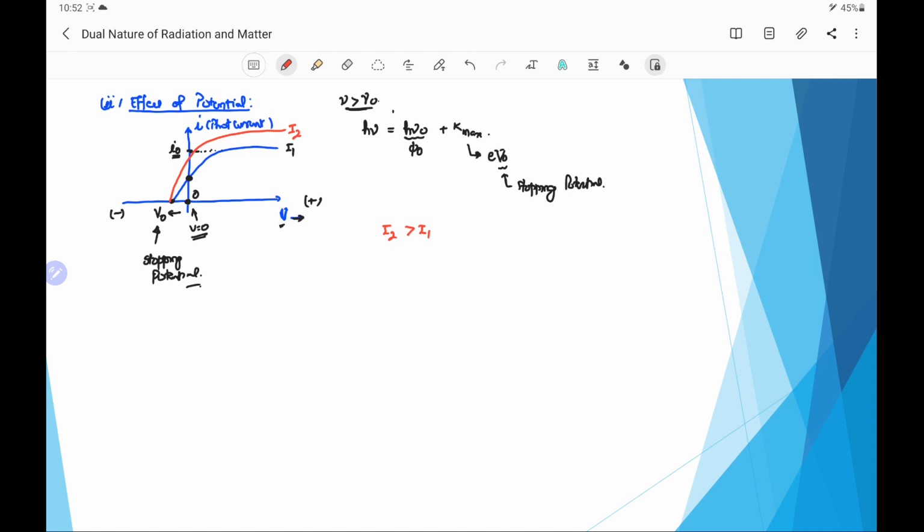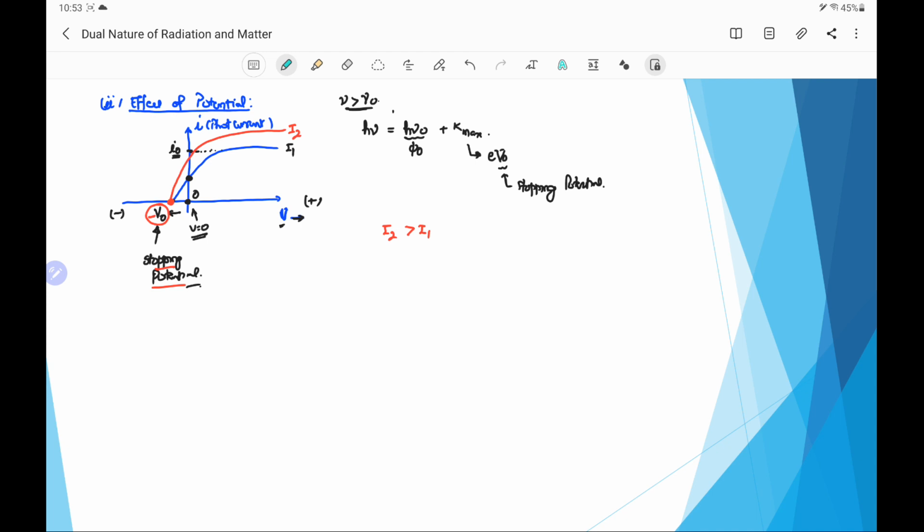Here more photons are falling per unit area per second on the metal surface. So more photoelectrons are emitted and they constitute more photocurrent. But because the stopping potential is the property of the material surface, these two graphs have the same negative V naught, that is the same stopping potential.